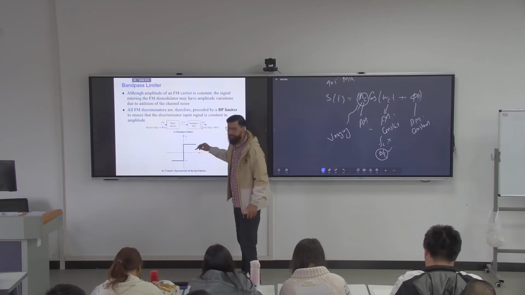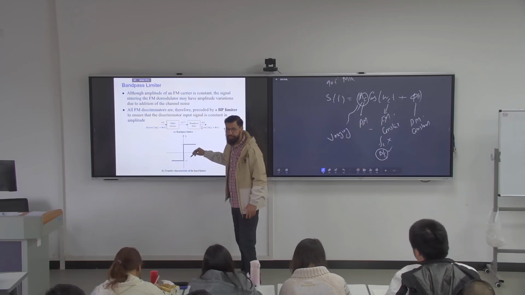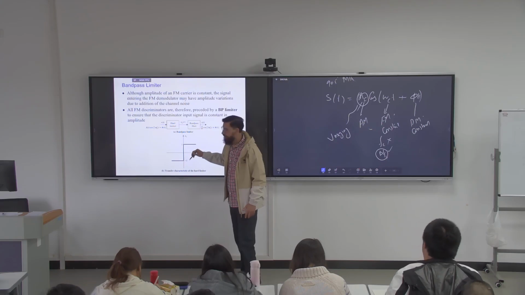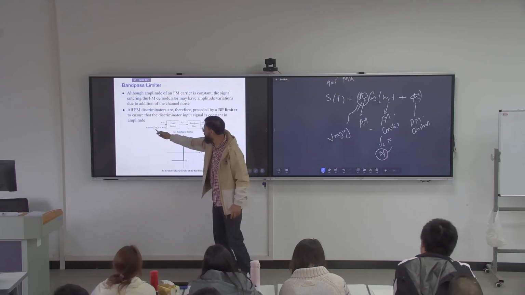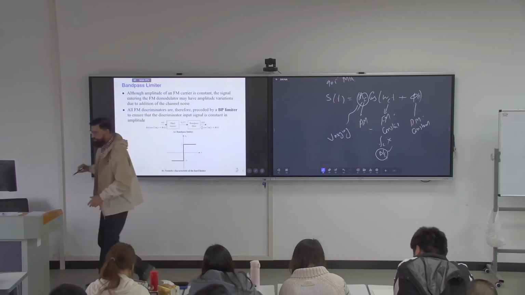Now, what does a hard limiter look like? It is a signum function. So imagine a cos waveform is passing through this signum function. What will be the output?